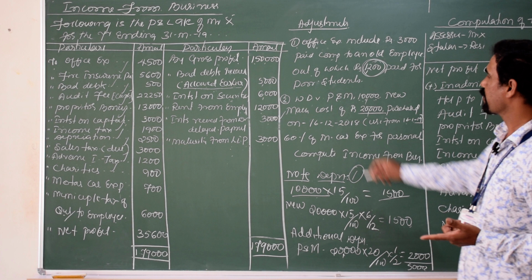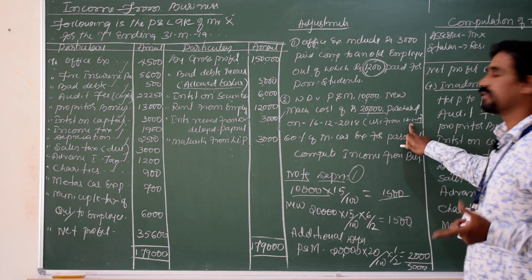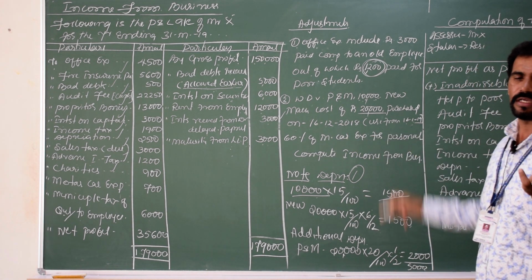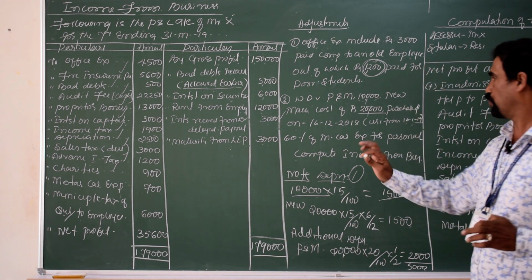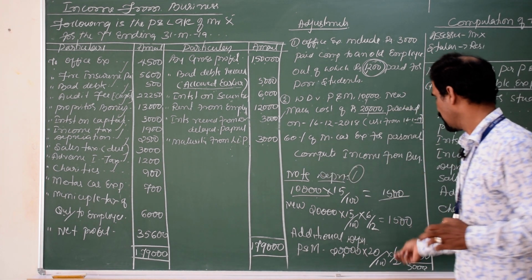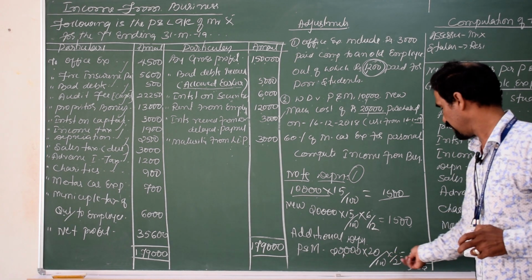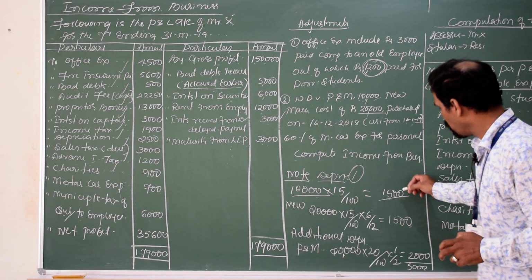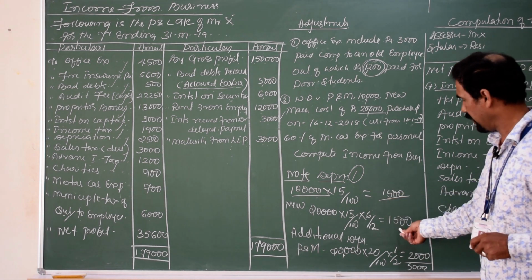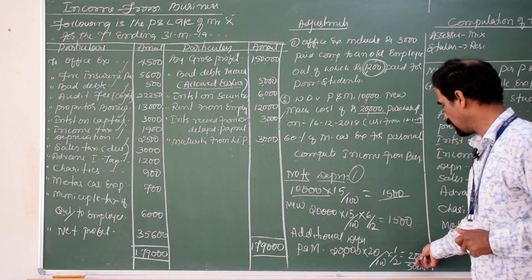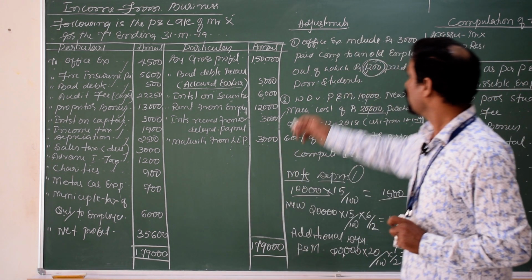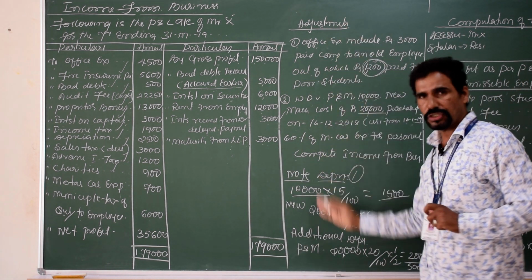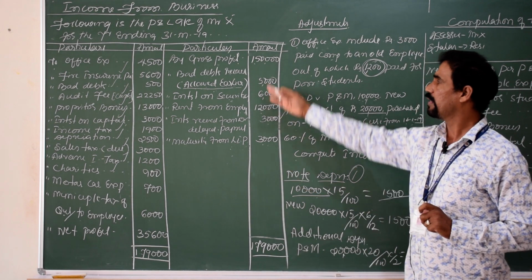So, 6 months means from January to June, January, February, March, April, May, June, up to June we are taking into consideration. So, 1/2, 6 months depreciation is 2,000. Total depreciation 1500 plus 1500 plus 2000. Totally we are taking the depreciation charge of 5000. So, this is only for the question part, problem as per the problem I have explained.